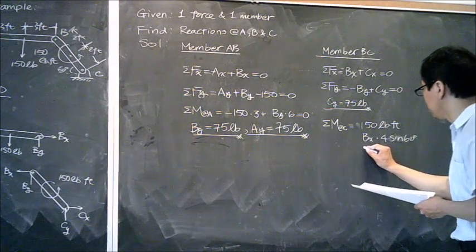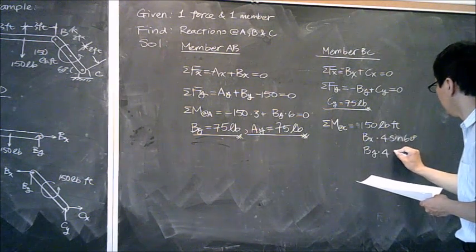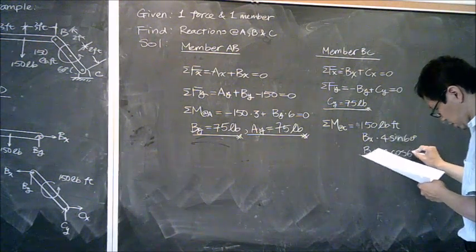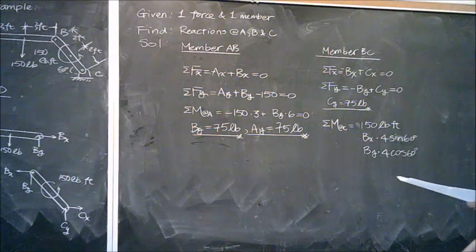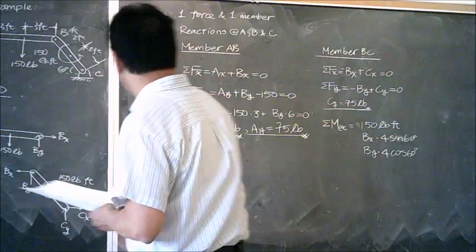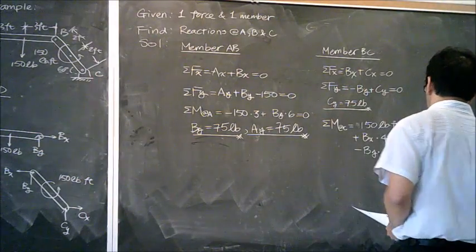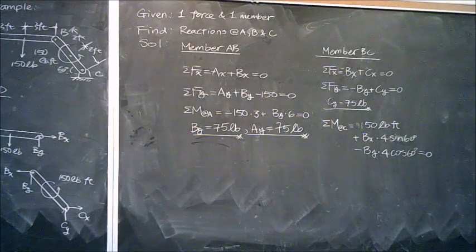And the other one is going to give me By multiplied by 4 cosine 60 degrees. And in this case, I'm going to have a negative value. Any questions so far?